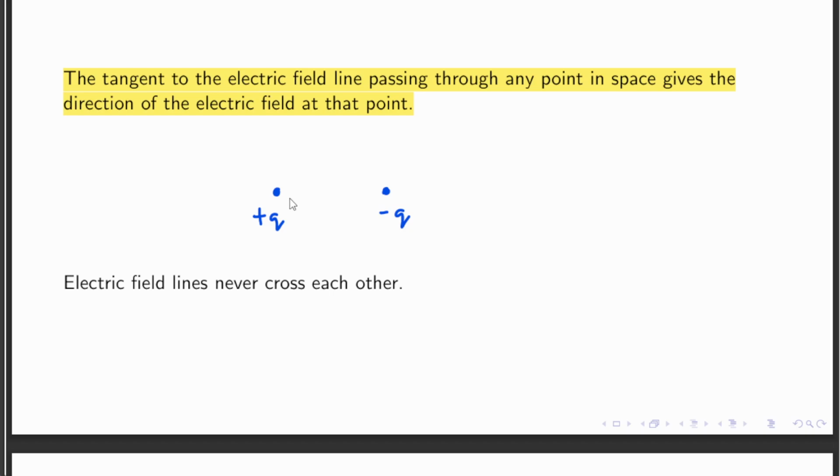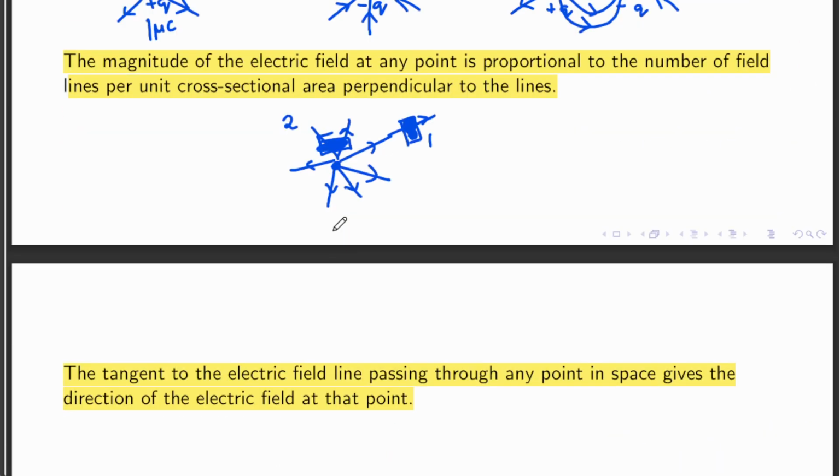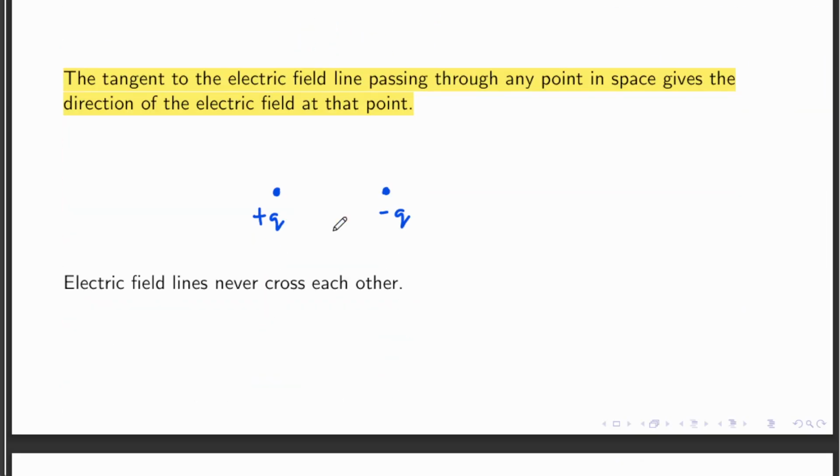Once again, to recall, a dipole is a configuration of equal and opposite charges separated by a distance d. Let's draw the field lines. Property 1, they start on positive, end on negative.